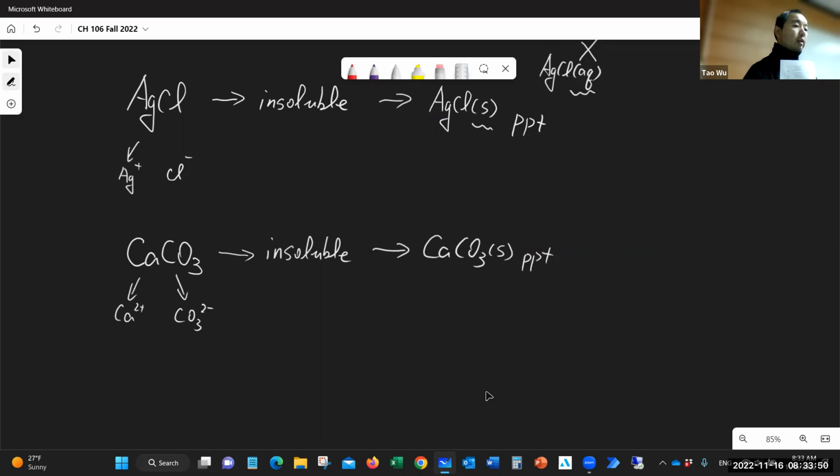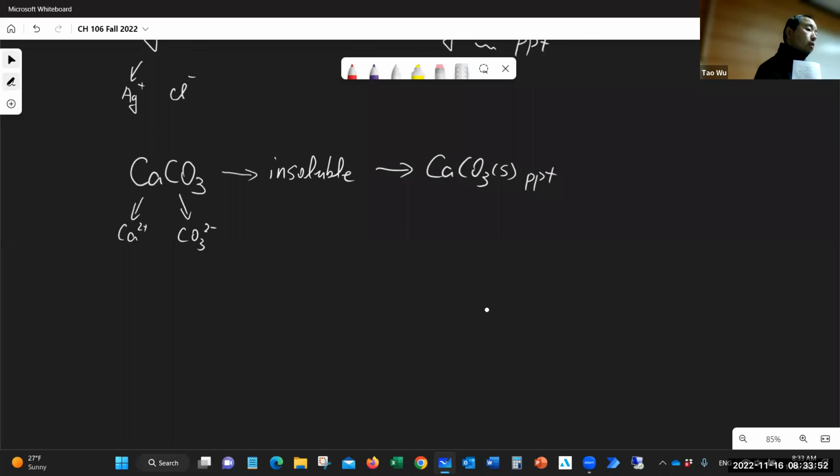Let's see one more. How about calcium hydroxide? This is made by hydroxide and calcium. Let's look at where the hydroxide is. Hydroxide is still in the back, in the first row.